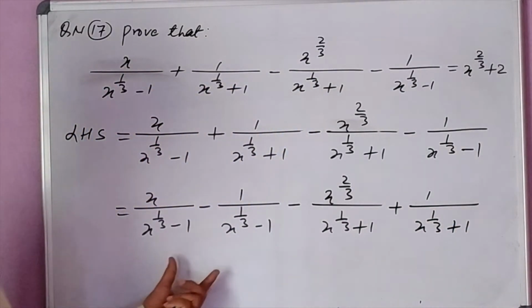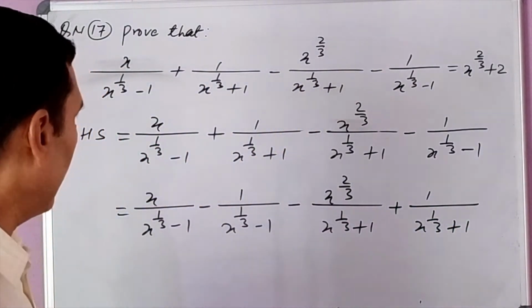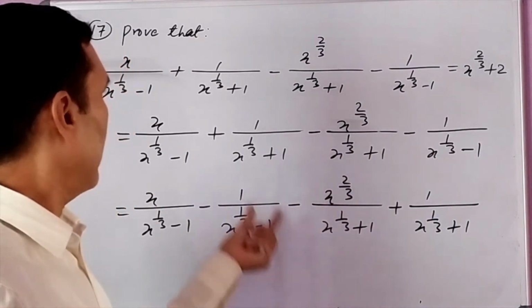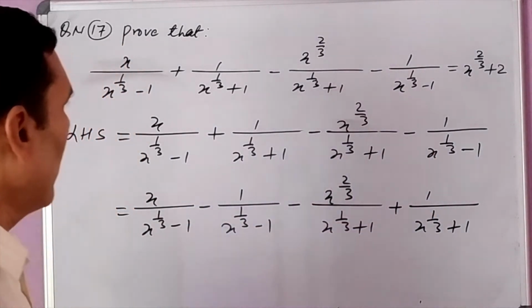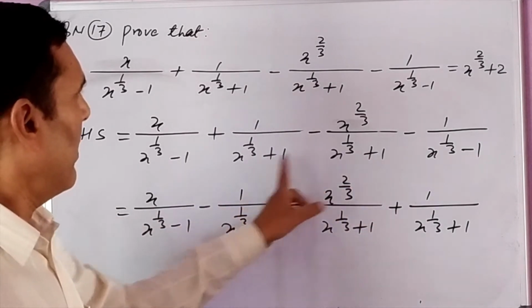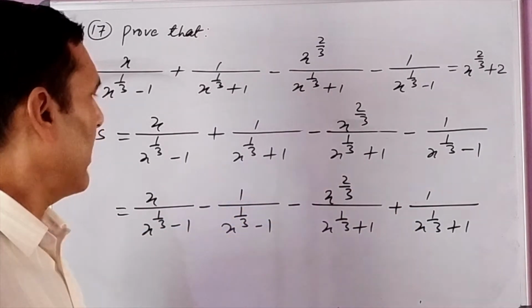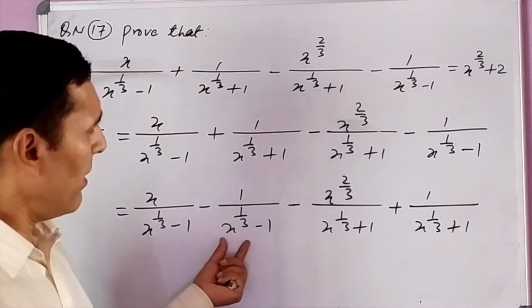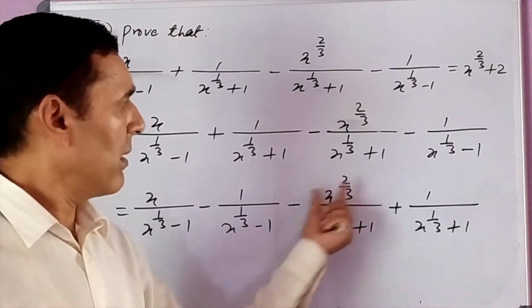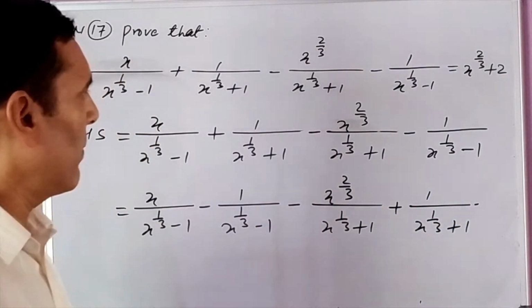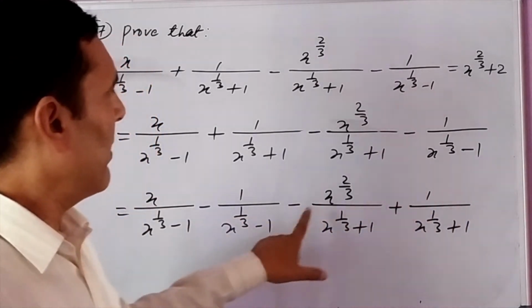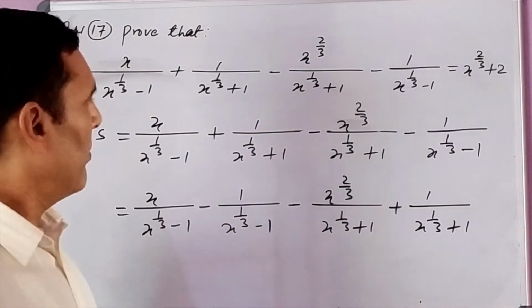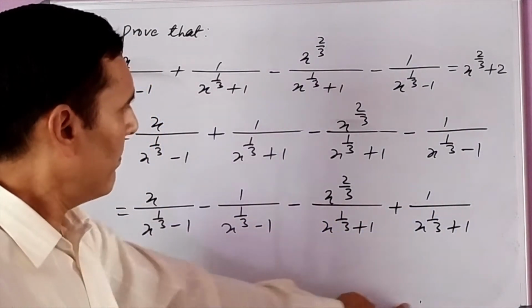So we have written the terms having the same denominator together, first and last terms together, second and third terms together. But I have written the third term first and the second term last, because we have x at first. We are combining these two together, so the term having x should be the first term.